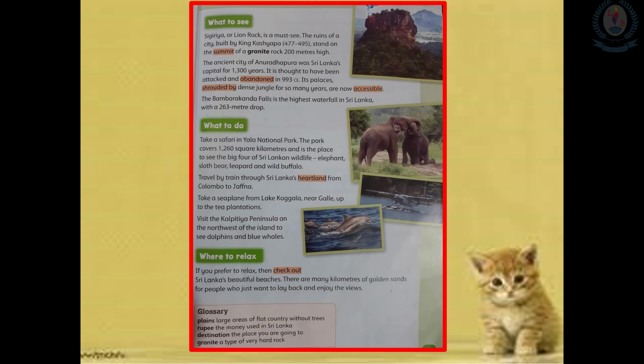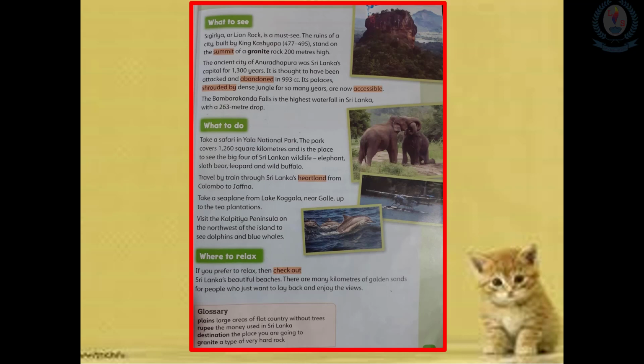Then we are moving to the next one. What to do? Take a safari in Yala National Park. The park covers 1,260 square kilometers and it is a place to see the big four of Sri Lankan wildlife: elephants, sloth bears, leopards, wild buffaloes.